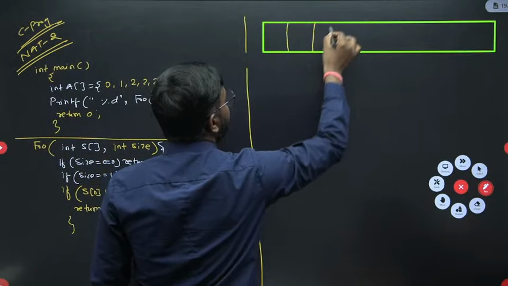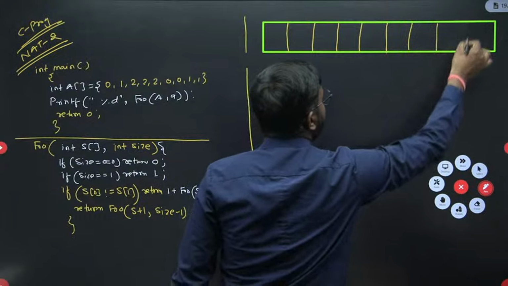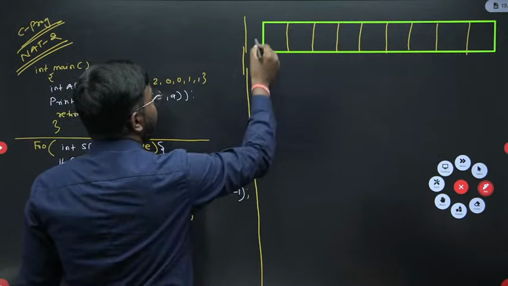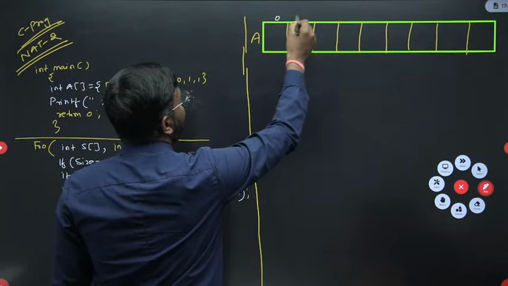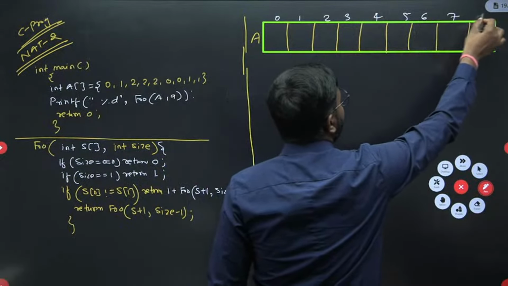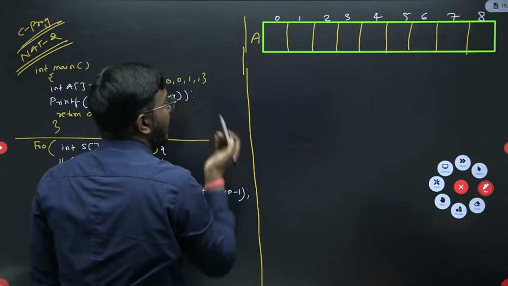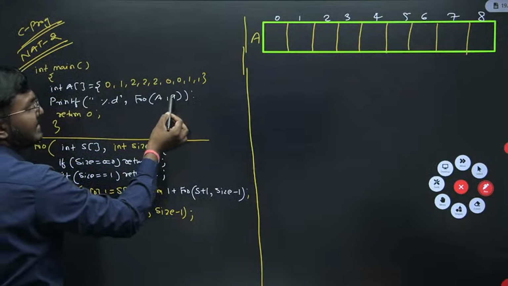So here this is our array A, and the indexes are 0, 1, 2, 3, 4, 5, 6, 7 and 8. Array size is 9 only. Whatever we are passing, this 9 is nothing but the size of the array A.